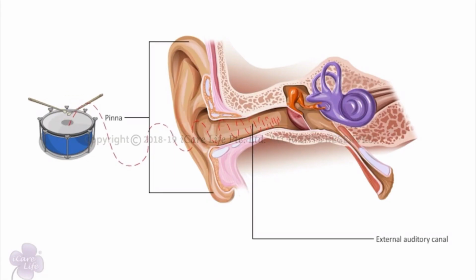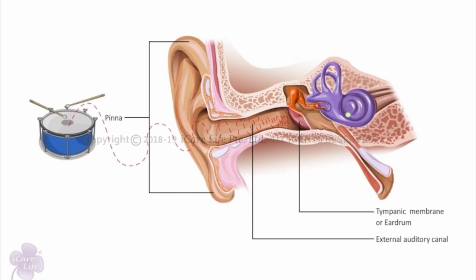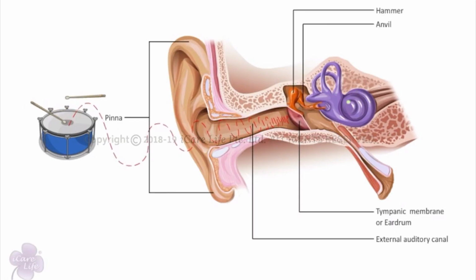From here, the sound waves reach the eardrum and make it vibrate. The vibrations are transferred to the hammer, then to the anvil, and then to the stirrup. The stirrup then transfers the vibrations to the cochlea by pushing against it.